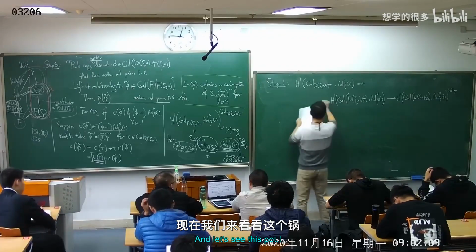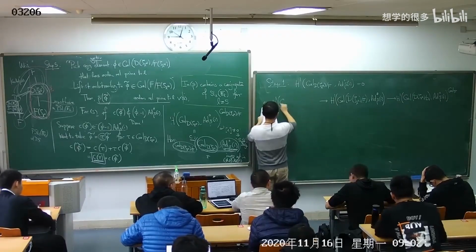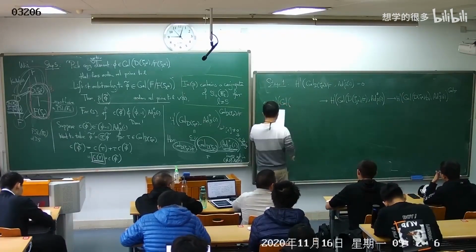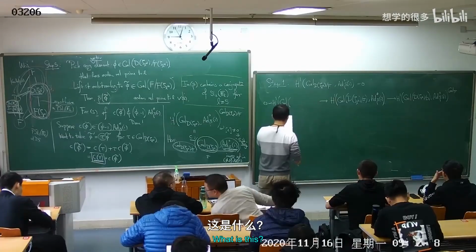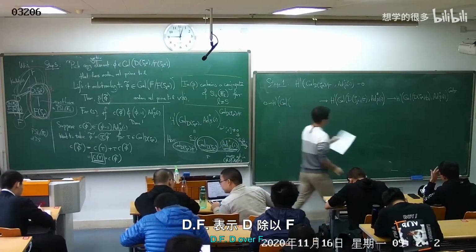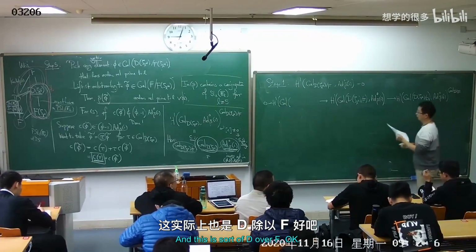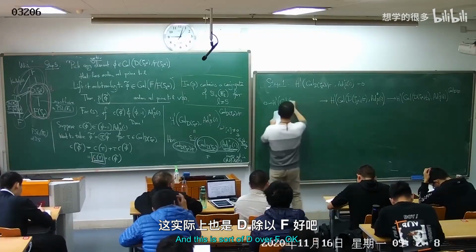And let's see this part. What is this? d over f, and this is sort of d over f.